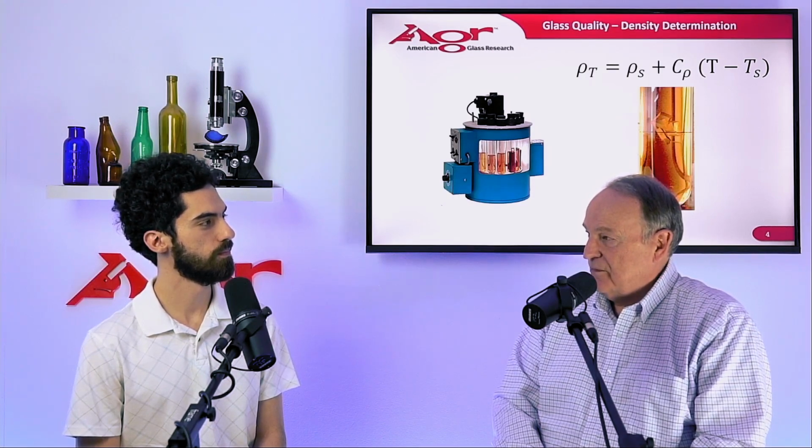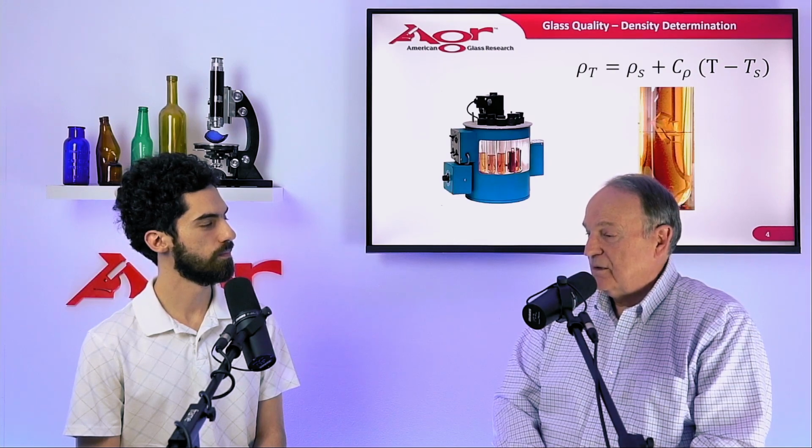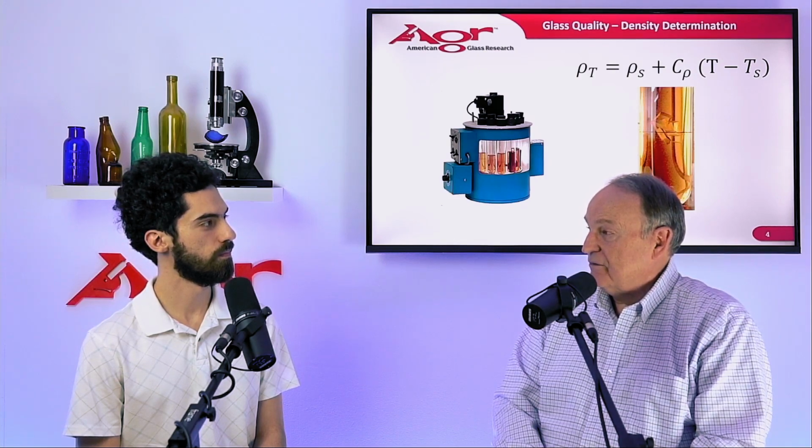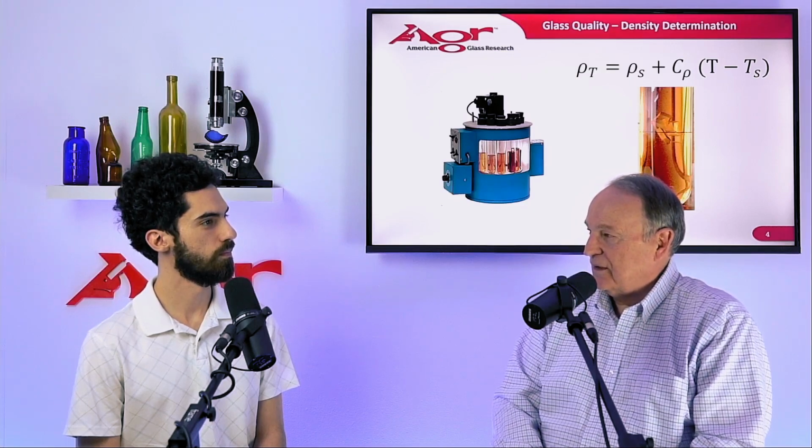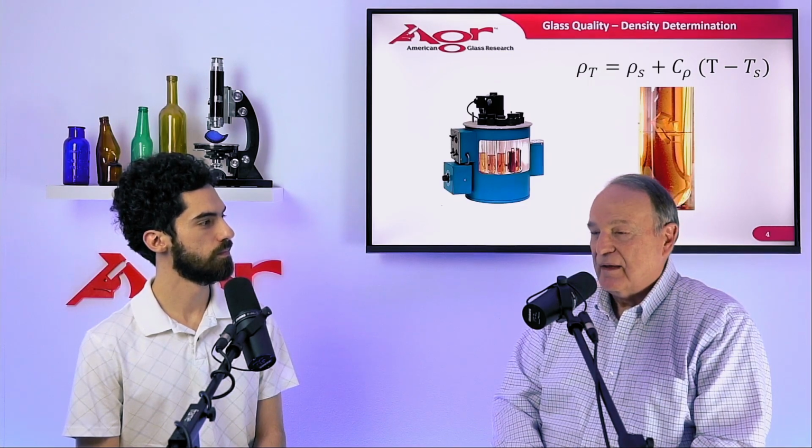And these oils are mixed so that the density of the fluid is around 2.5, which is the approximate density of most soda lime silica glasses that are manufactured today.